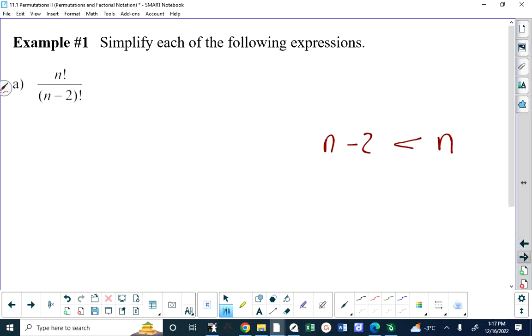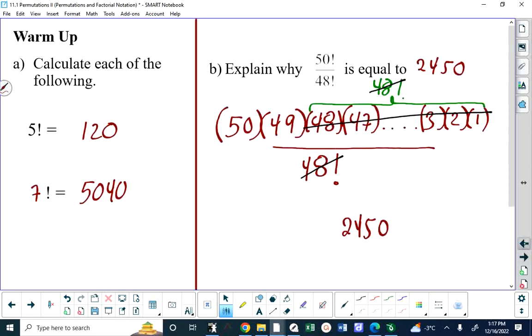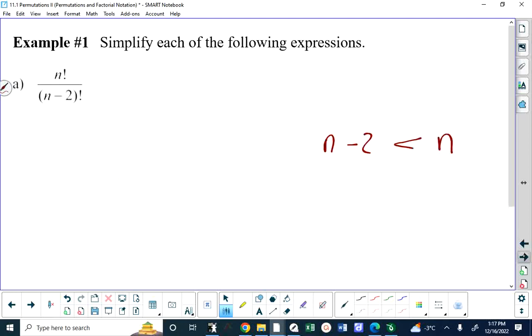Now, to see what 50 factorial over 48 factorial does, we expanded the larger factorial until we saw the smaller factorial. And if I do that here, I'm going to take n and I'm going to expand it. Whoops. And I'm just going to stop here. Don't write this down, please.